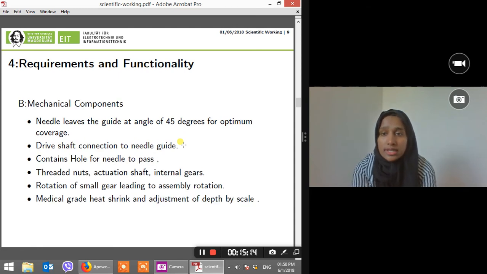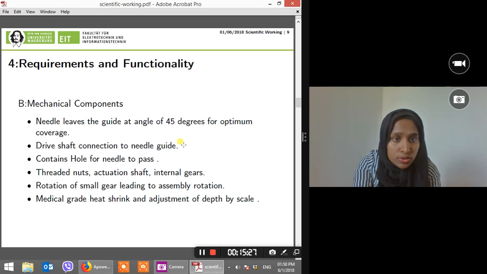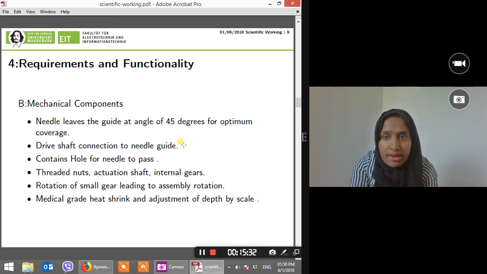Okay, coming toward the mechanical components, how the mechanical components will actually actuate. The needle will leave the guide at an angle of 45 degrees for optimum coverage. Keeping in mind we are using the cylindrical channel and the curved approach, we will have a degree of freedom of 45 degrees.